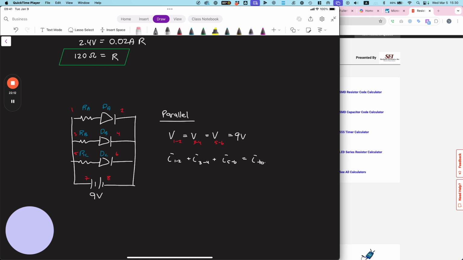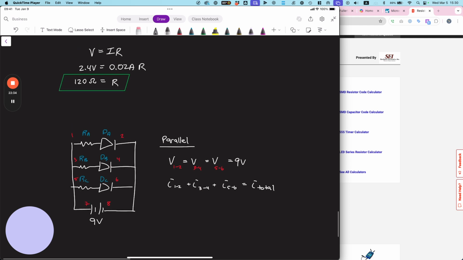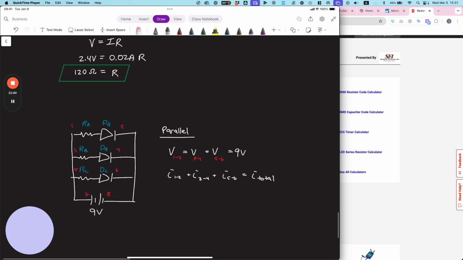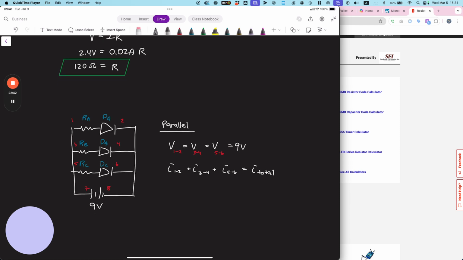Okay, I total. Current is a summation now. So previously in series, current was the same. Now current is a summation. We know that the current we need across this diode is what, if you remember? 0.02 amps. So we need the current.